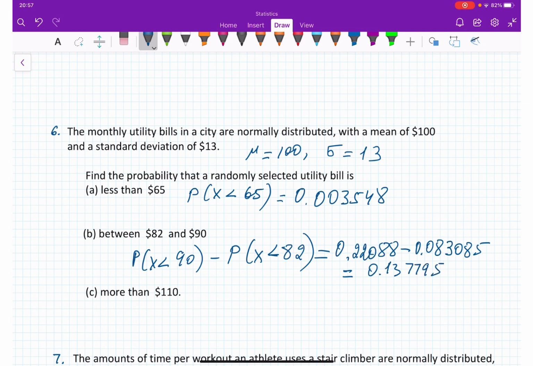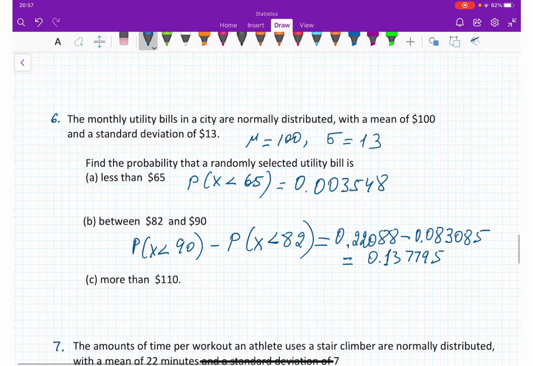That's a probability. About 13.8% probability between 90 and 82.